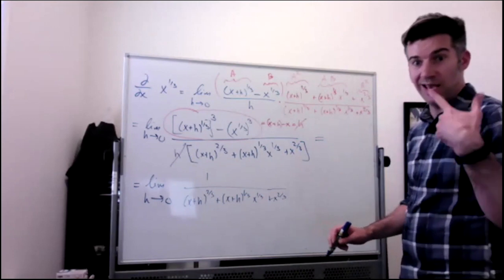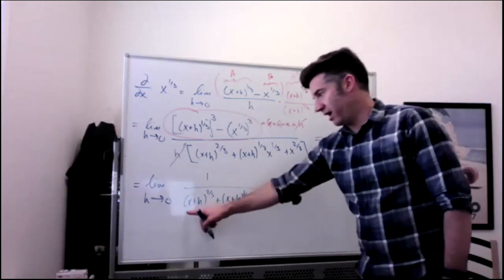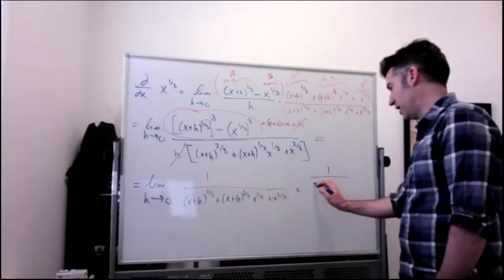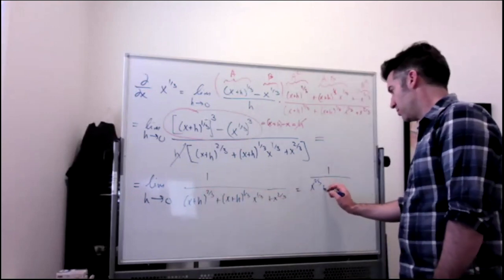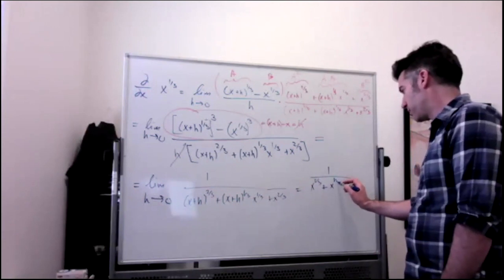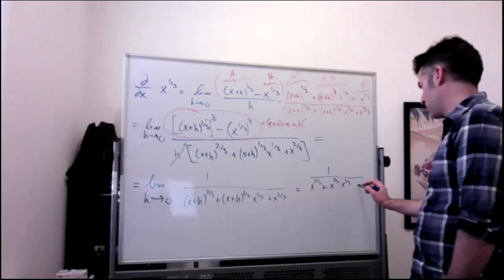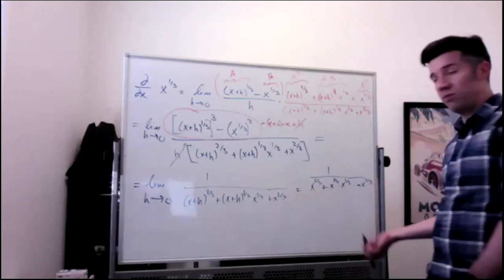Finally, we let h go to 0. So we get 1 over x plus 0 to the 2/3, which is x to the 2/3, plus x plus 0 to the 1/3 times x to the 1/3 plus x to the 2/3. So look what we have.